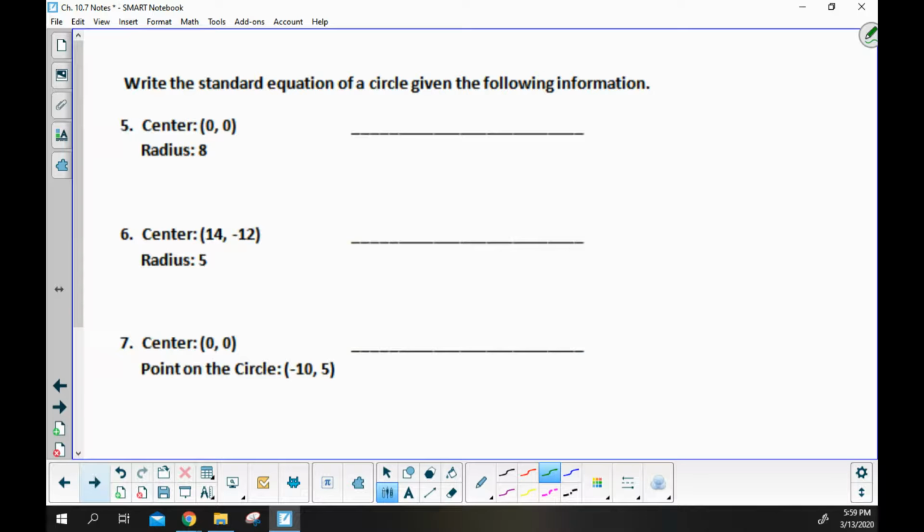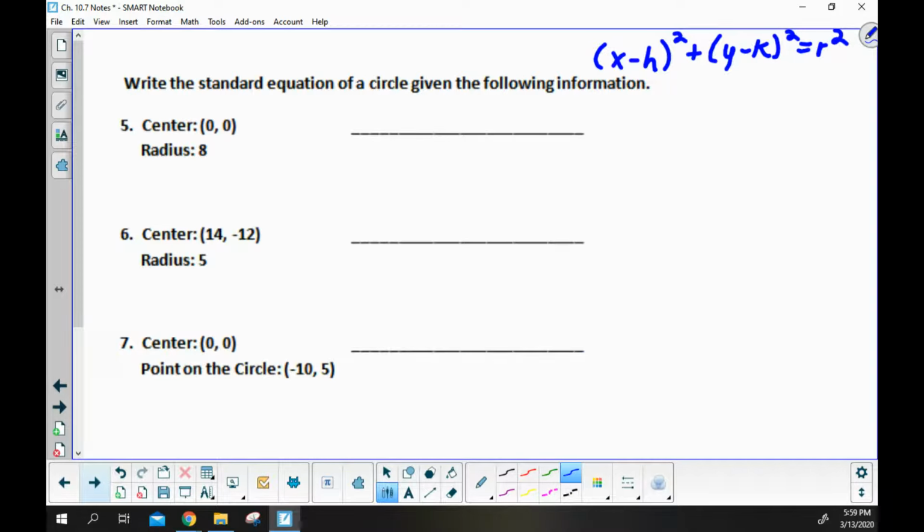All right, so let's switch gears a little bit. Now, instead of giving you the equation and you graphing it, we want you to find the equation given certain information. The first one here, we give you the center and the radius, and we just want you to write the equation. So if you remember, my equation here is (x - h)² + (y - k)² = r².